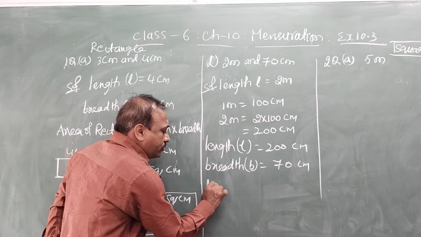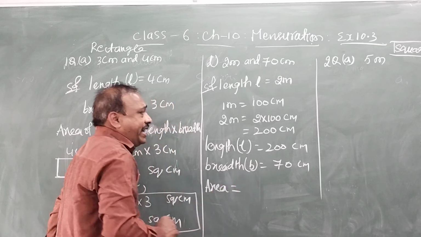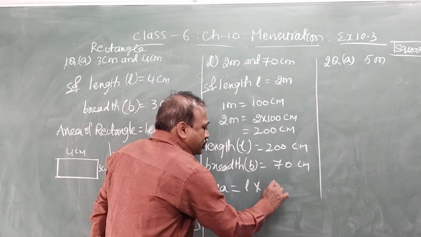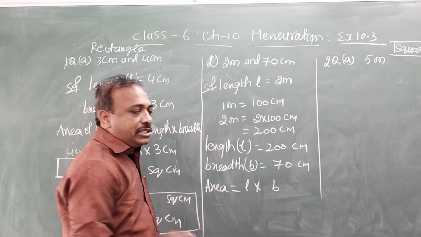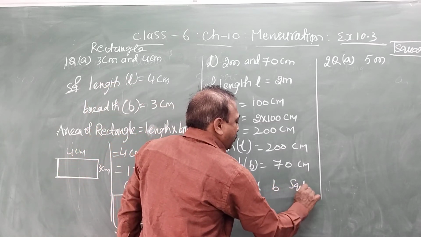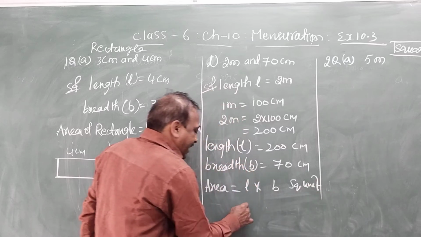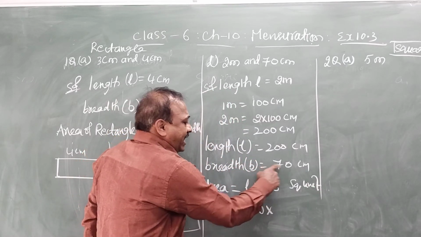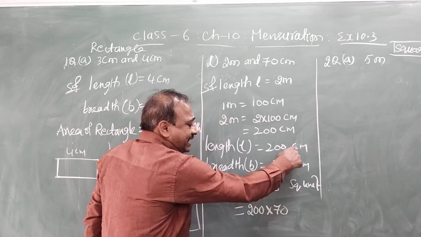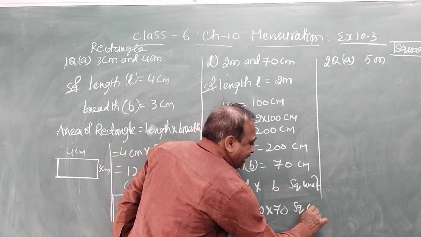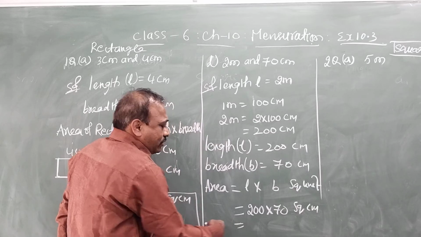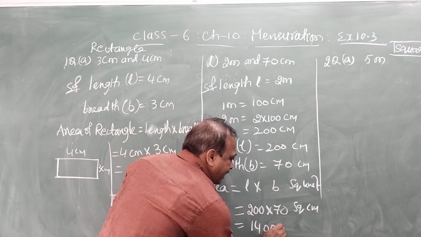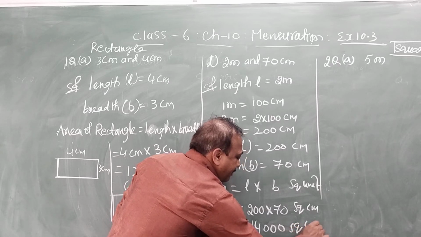Area of which shape are we talking about? A rectangle. So length into breadth. We can write it shortly as L into B, in square units. So length we have 200, into breadth we have 70. They are in centimeters, so square centimeters. 200 into 70: 7 2s are 14, so 14,000 square centimeters.